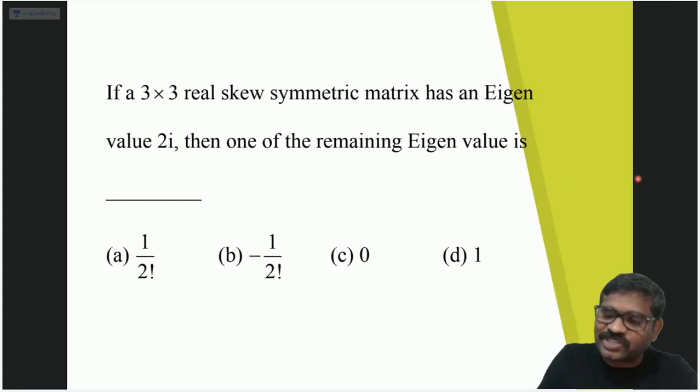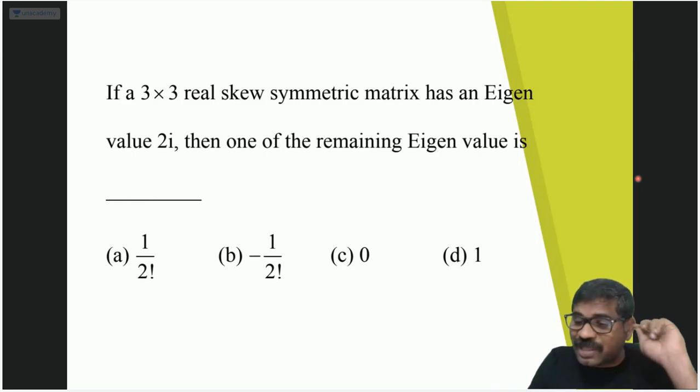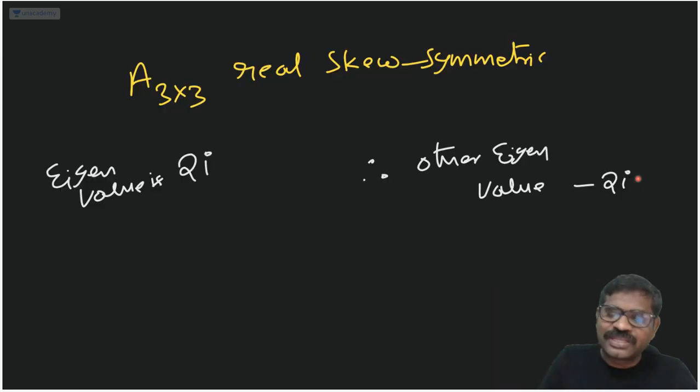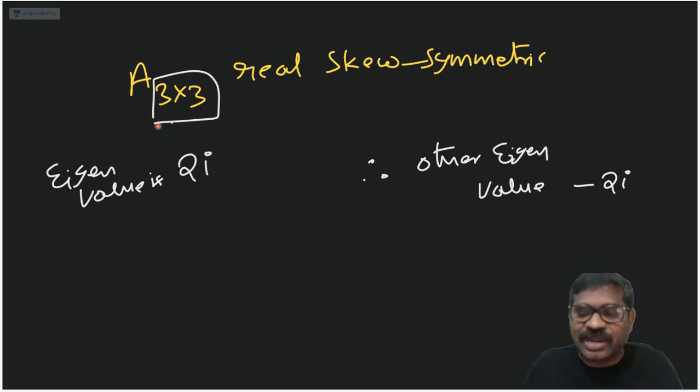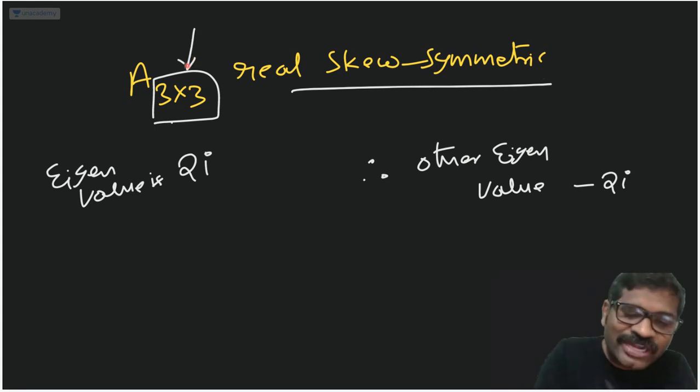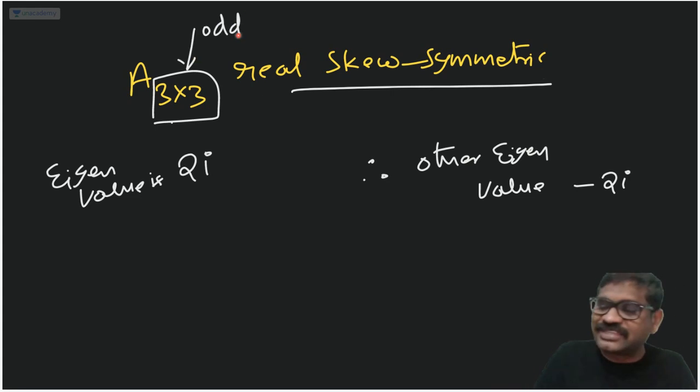So minus 2i. Is minus 2i available in the options? Not available. If not available, you have to think about the other eigenvalue. Sir, two eigenvalues are known, but the matrix is 3 cross 3, na? If the matrix is 3 cross 3, it has 3 eigenvalues. Please remember, it is a real skew symmetric matrix. The determinant of a skew symmetric matrix of odd order is always 0.